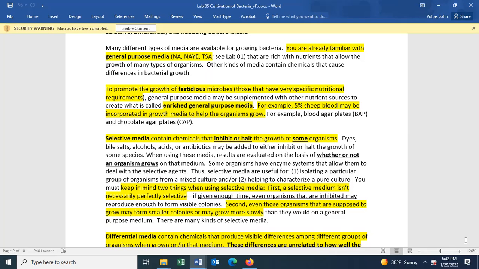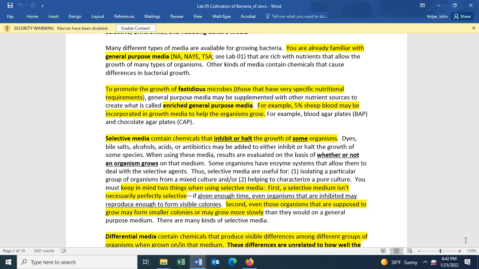There's also selective media. Selective media contains a chemical that inhibits or halts the growth of some organisms, but does not inhibit the growth of other organisms. Keep in mind two things when using selective media.